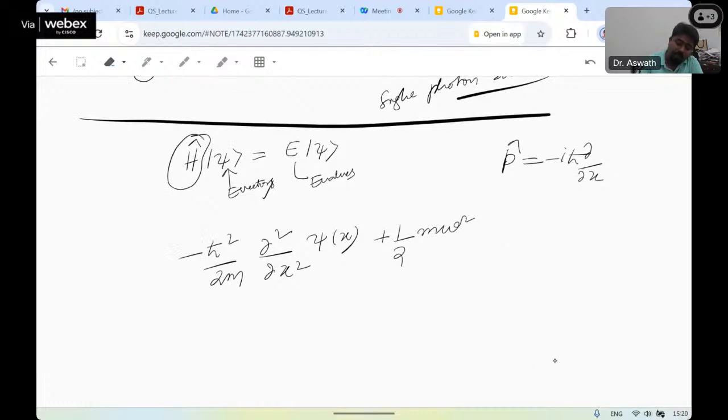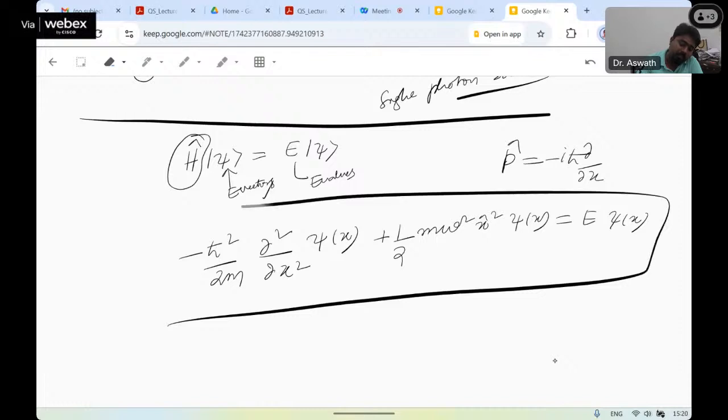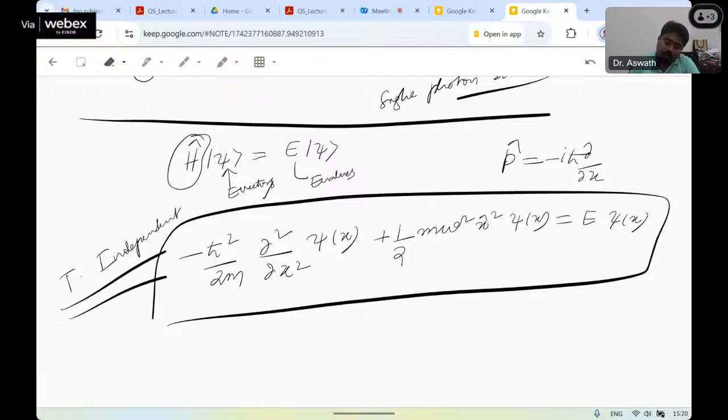So here you see this is a Schrodinger equation, time independent, because I don't see any specific time here.